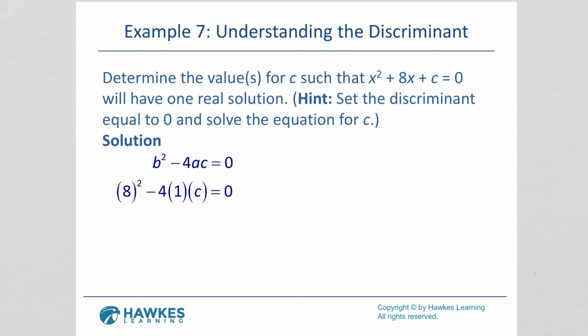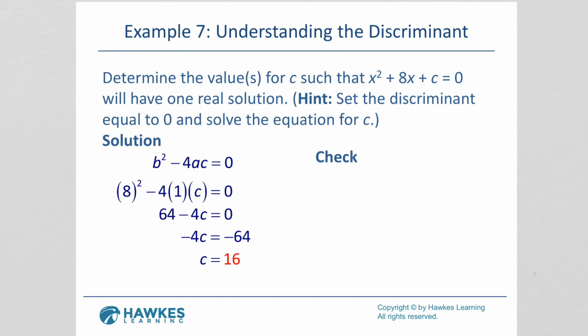Plugging in what we know, 8 squared minus 4 times 1 times c equals 0, which is 64 minus 4c equals 0. Subtracting 64 from both sides, we end up with negative 4c equals negative 64. Dividing both sides by negative 4, c is equal to 16.